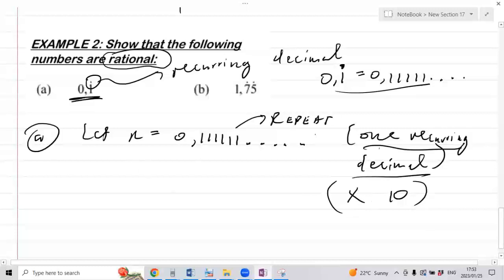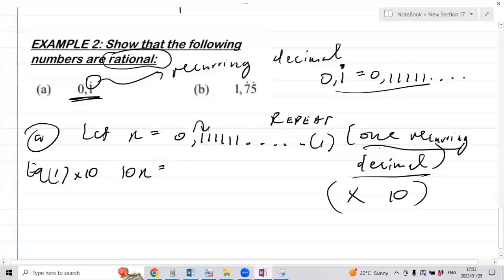So you're going to call this equation 1, and then you're going to say equation 1 times 10. Equation 1 times 10 is going to be 10x equals 1.1. Now remember that when you multiply by 10, you have to move your comma one place to the right. So that becomes 1.11111, also an infinite number of ones that's going to repeat itself.